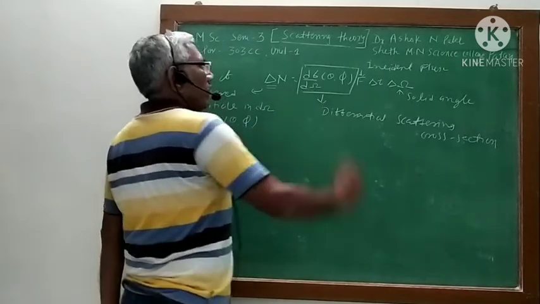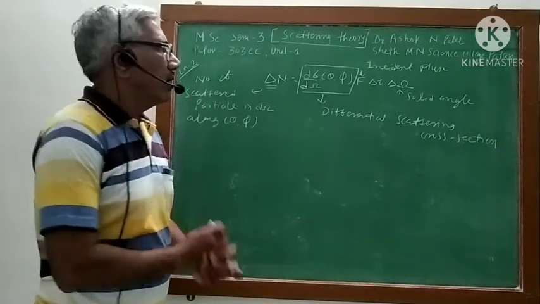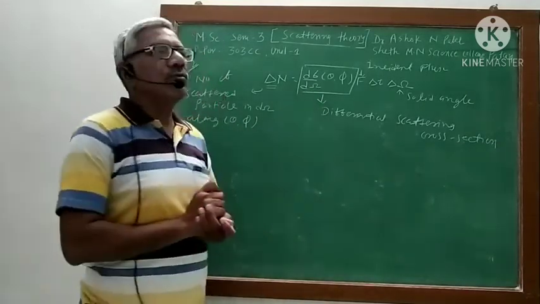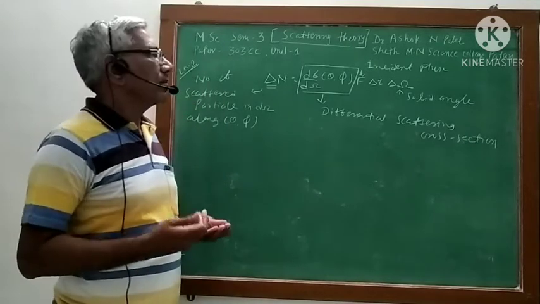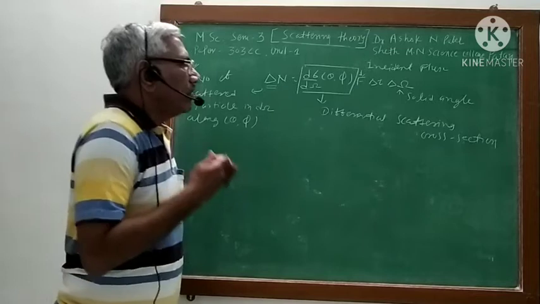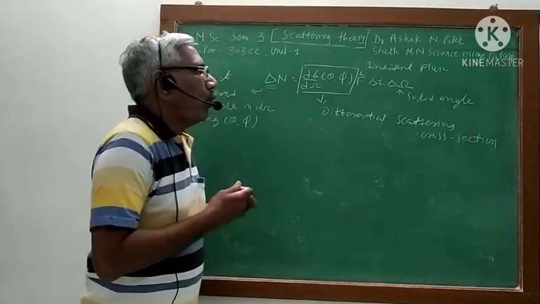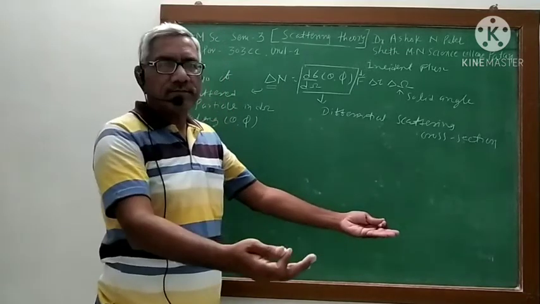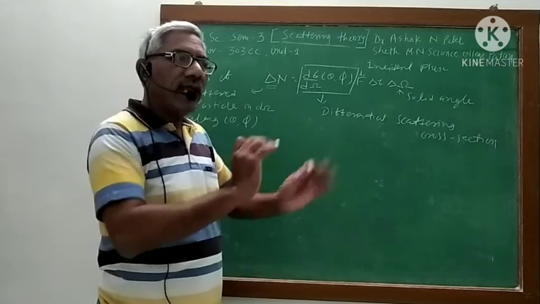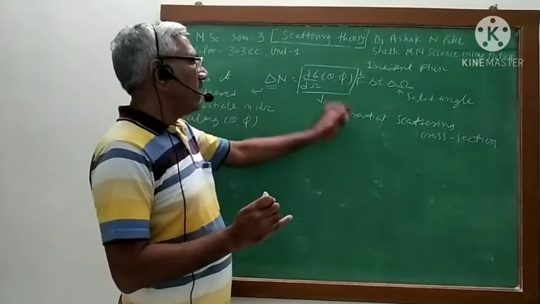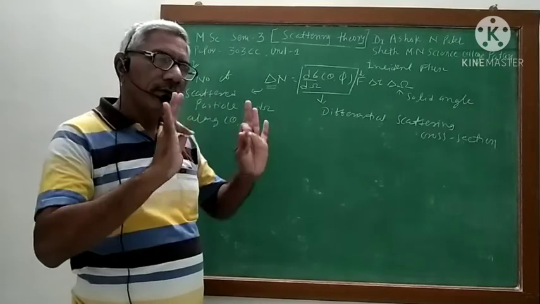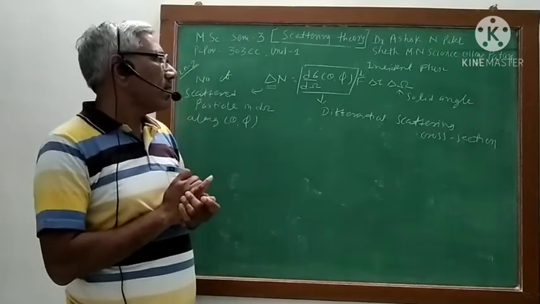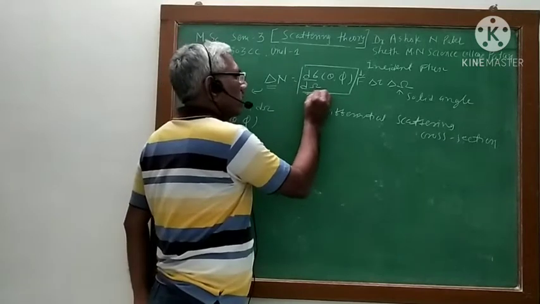So in the study of scattering, this quantity is most important. In almost all studies of scattering, we try to find the differential scattering cross section. That is our main aim. Why is it important?